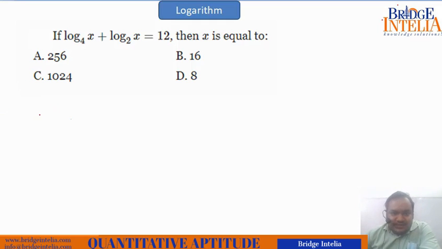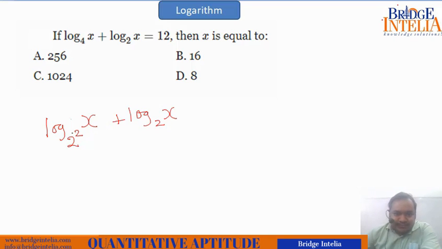So this expression can be written with 4 as 2 square, and leave this as it is. Now, because this time the exponent is associated with the base, it comes out in the reciprocal form. So this is given as 12.